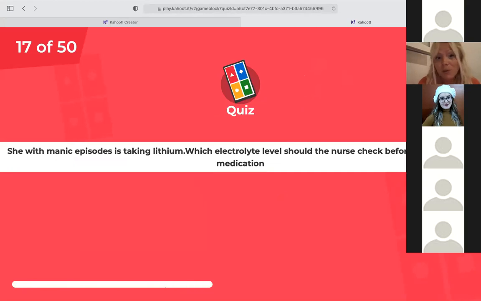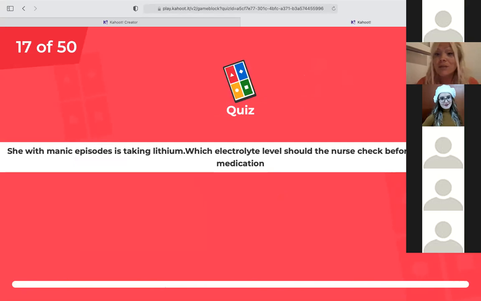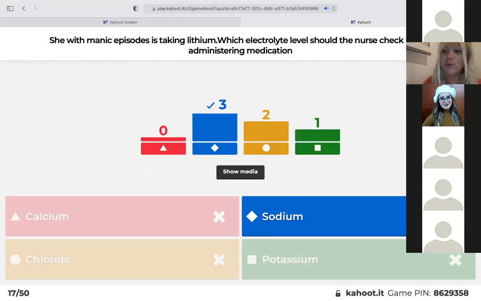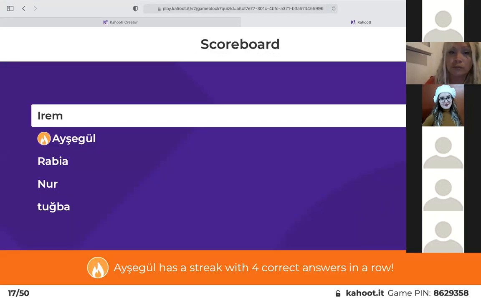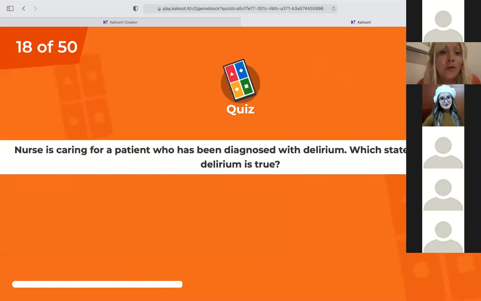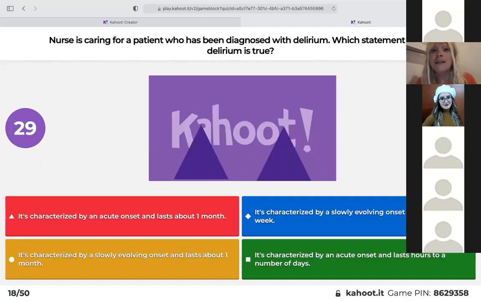A patient with manic episodes is taking lithium. Which electrolyte level should the nurse check before administering the medication? Sodium. The nurse is caring for a patient who has been diagnosed with delirium. Which statement about delirium is true?